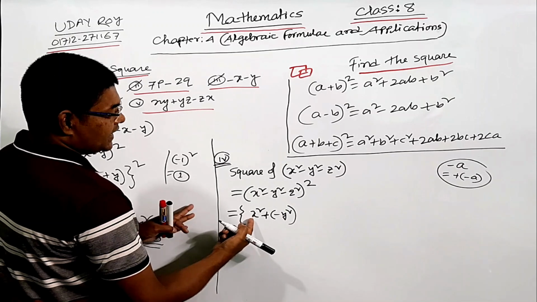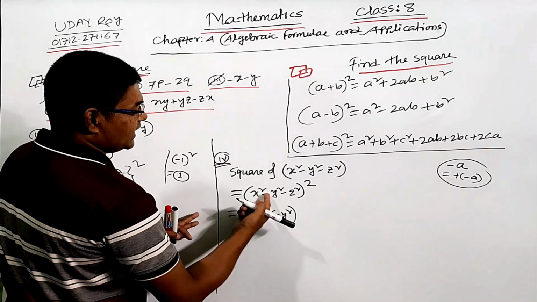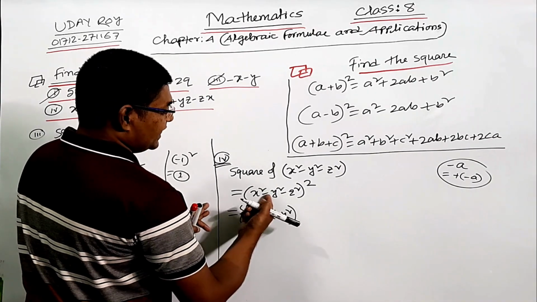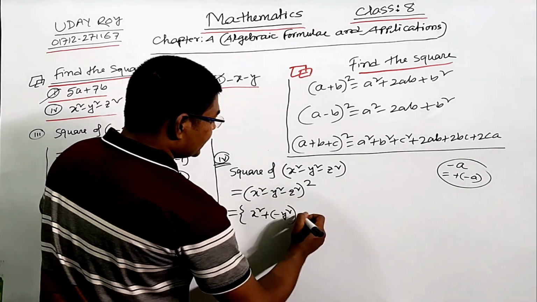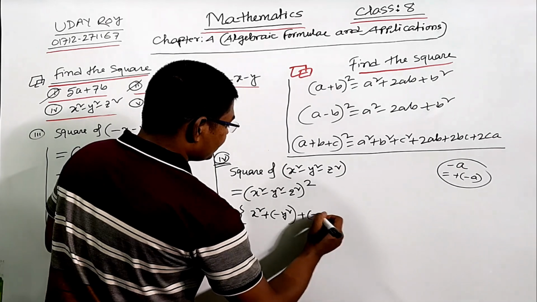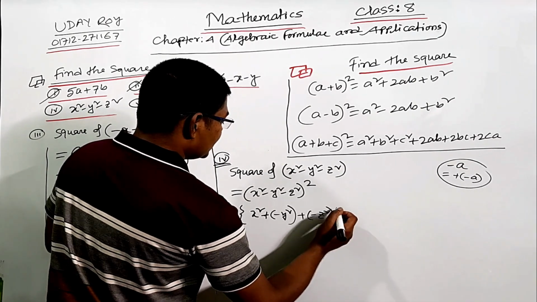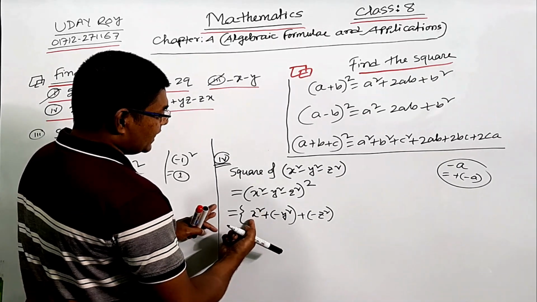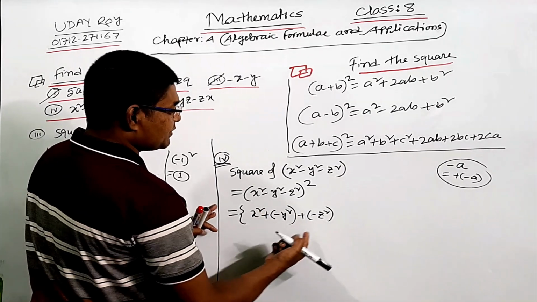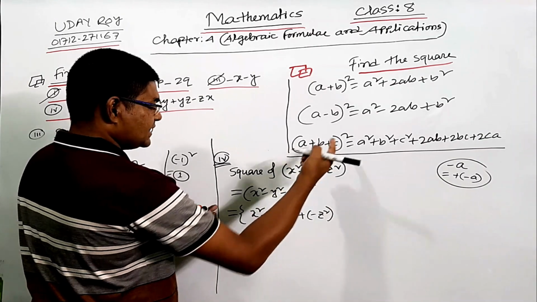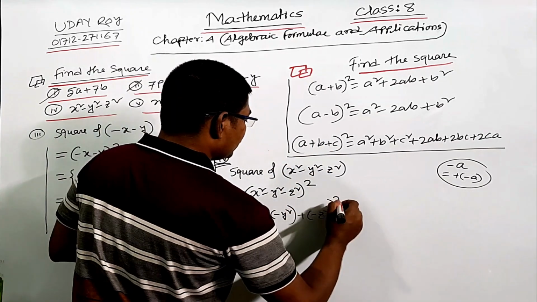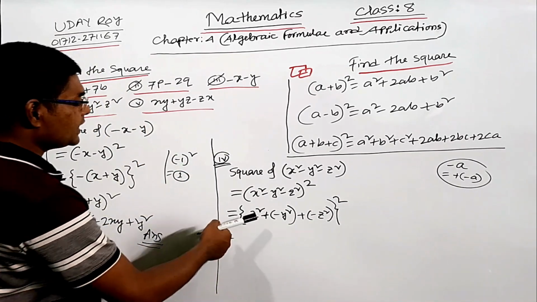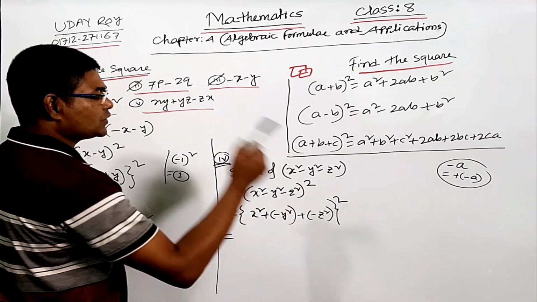You can see here x square plus minus, again we can go back to minus. So plus minus, again you can take plus, it will be easy for you. So we have got now a plus b plus c position. Follow here a plus b plus c. Now whole square.